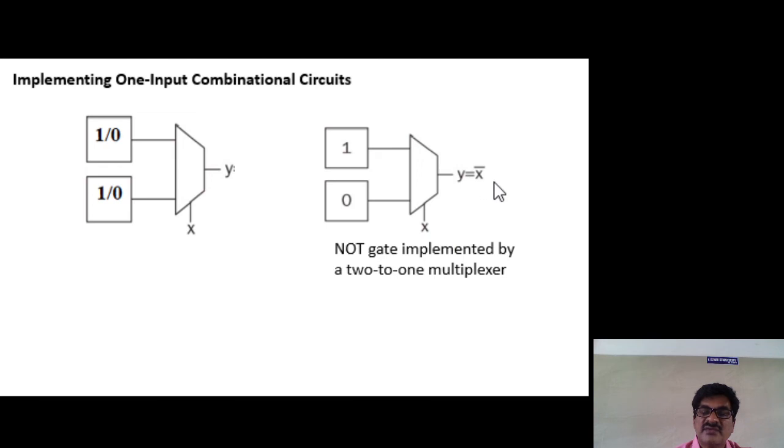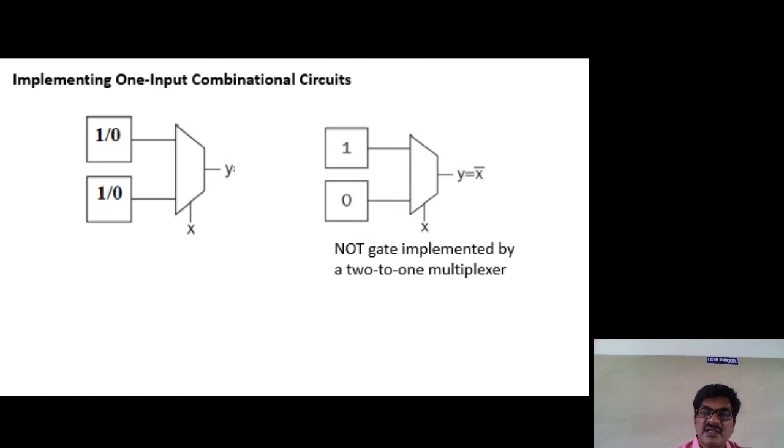Y equals 1. Suppose the x value is 1, y equals 0, that is the second input is connected. Since it is a 2 by 1 multiplexer, if the select value is 0, the first input is connected to the output. If the x value is 1, the second input is connected to the output. So the output is always the complement of the select value, that is the x value here. So this particular lookup table realizes the NOT gate action.